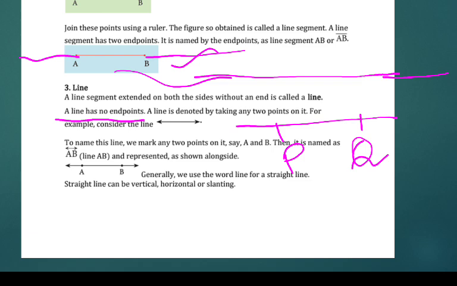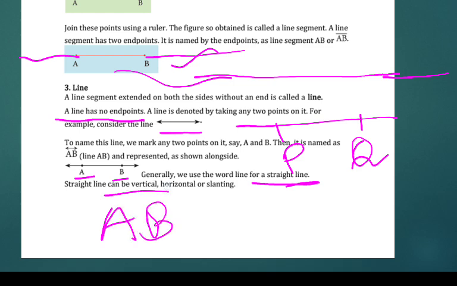To name this line, I am putting A and B. Generally, we use the word line for a straight line. So here AB, the whole bar with the direction, is called a line.